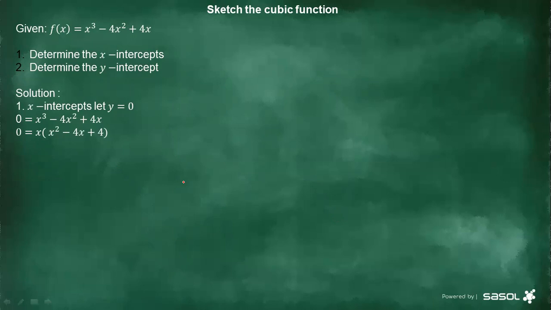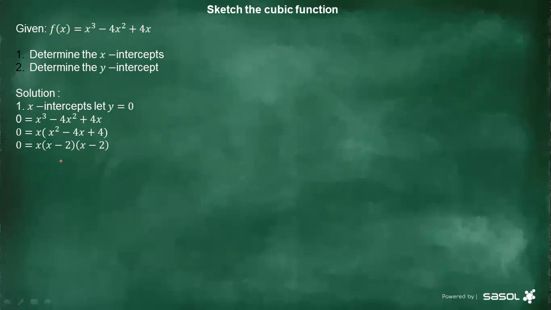We just take out the common factor x, and thereafter you can see inside the bracket we have a quadratic. Then we have to factorize that quadratic. This is the quadratic that we have factorized, which is x minus 2 and also x minus 2.